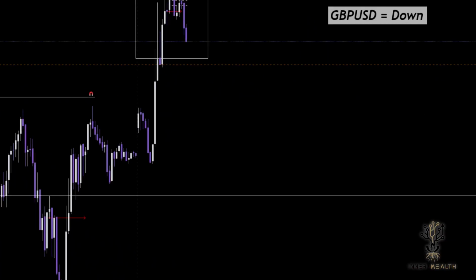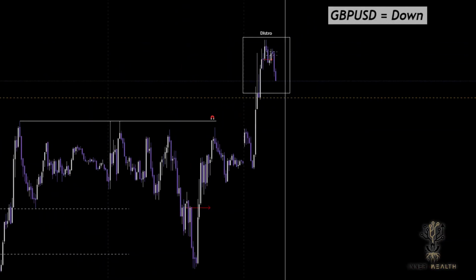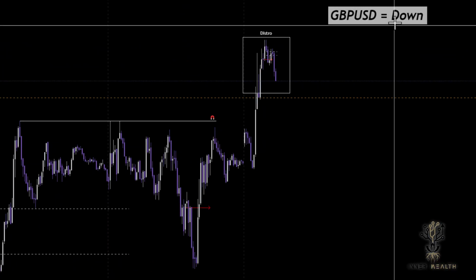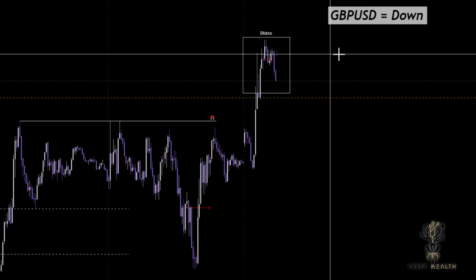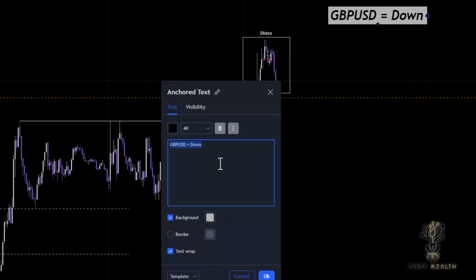So now what I'm going to look for is some new lows. So now from a previous area of distribution on the US dollar index, now on the GBP USD, I'm going to look for to go long.